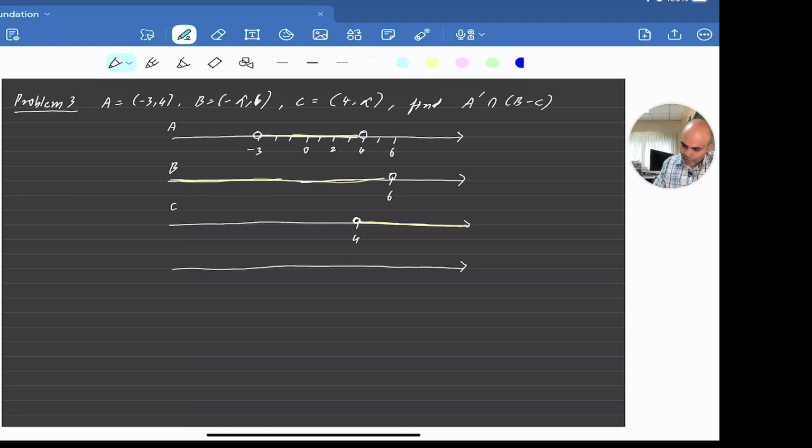A prime includes all points that are not present in A. So we can include -3 and +4 and all points to the left of -3 and all points to the right of 4.